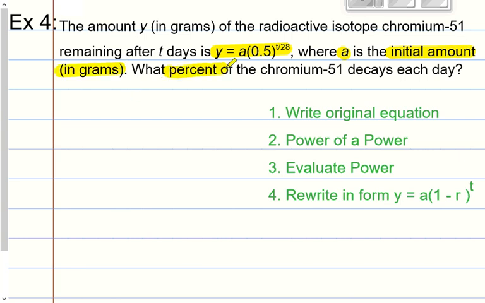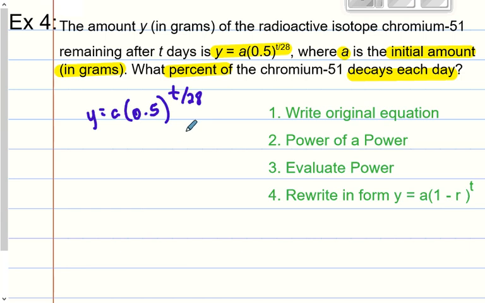What percent of chromium-51 decays each day? So you've got some notes over there to the side that we're going to follow along with. First, we need to write the original equation: Y equals A times 0.5 to the t divided by 28.